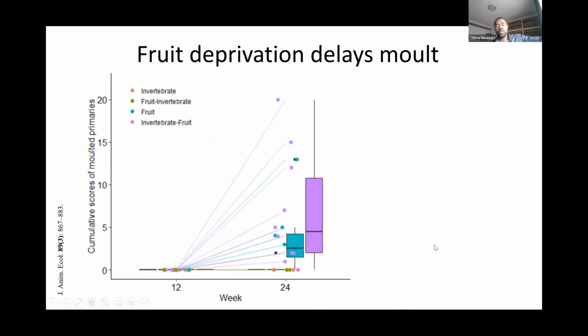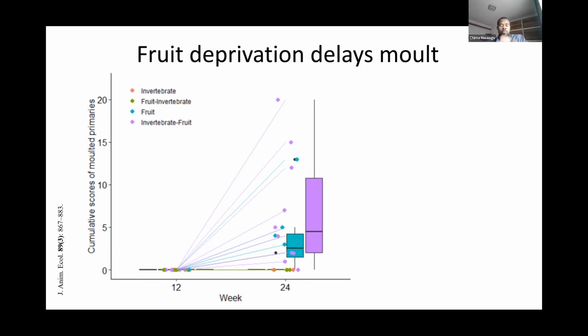At the time where we ended the experiment, which is the second week of May, for the common bulbul at the population level, moult starts on average on the 5th of May each year, plus or minus 4 days.